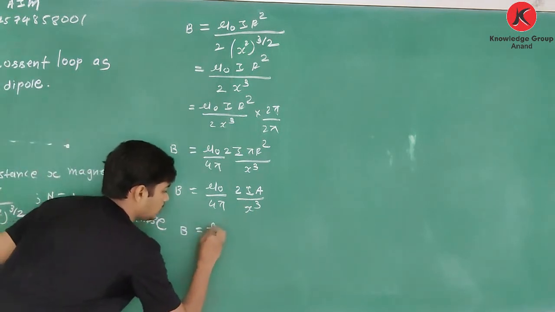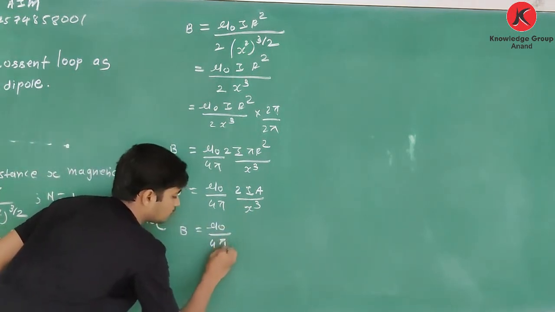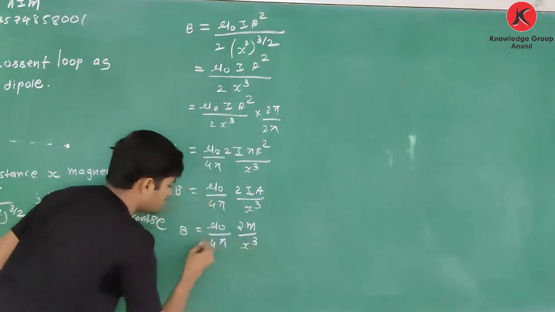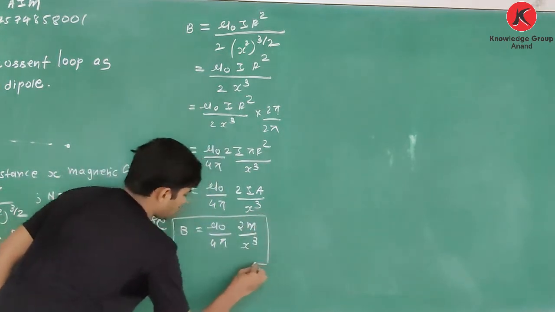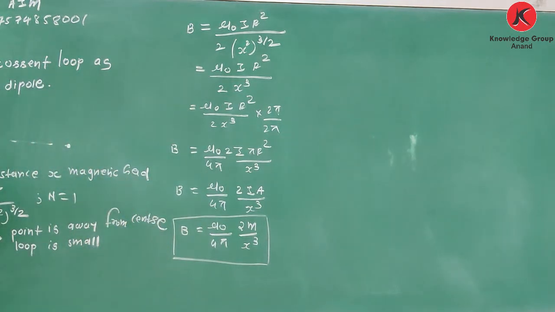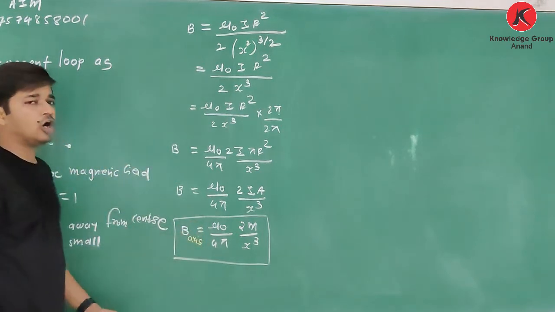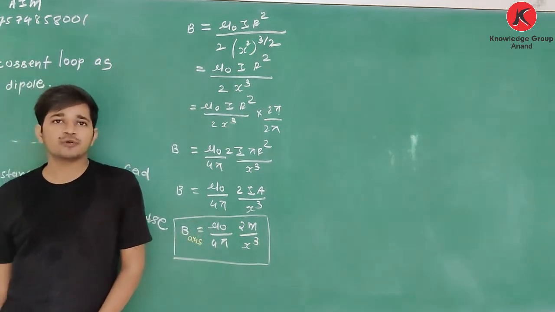So B is equal to mu 0 upon 4 pi, 2m upon x cube. It is the magnetic field on axis.